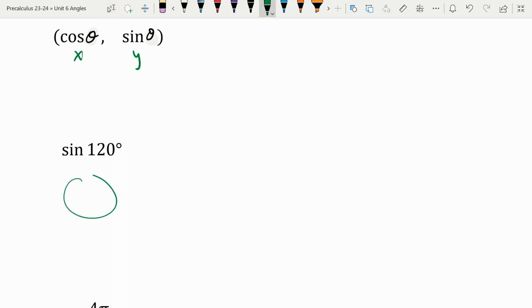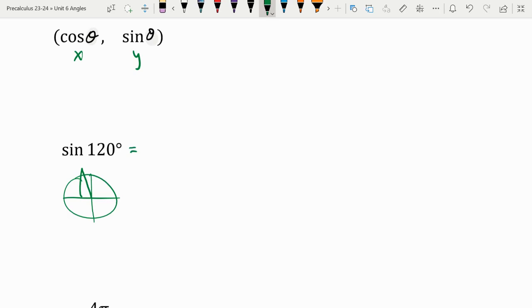Every single time I do a unit circle problem, I'm going to do this. Where is 120 degrees? Does it look kind of like that? Right? All right. So the sine is the y value in that triangle.